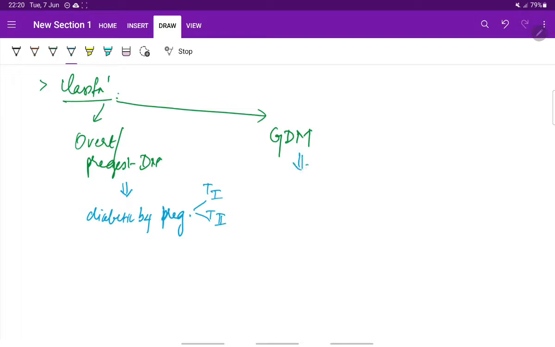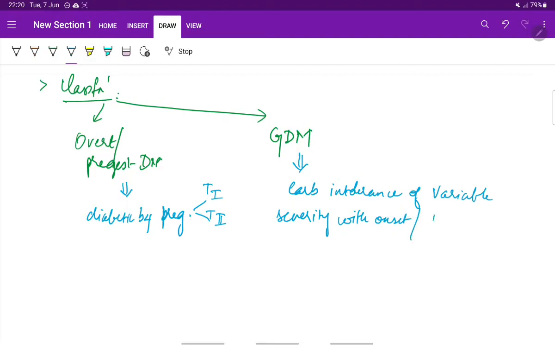Whereas gestational diabetes mellitus is defined as carbohydrate intolerance of variable severity with onset or first recognition during the current pregnancy.